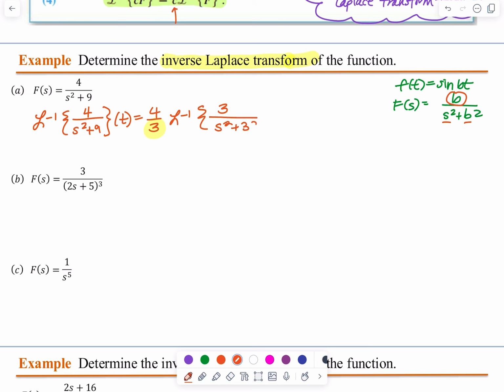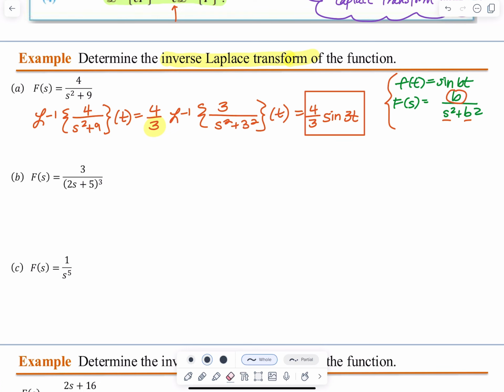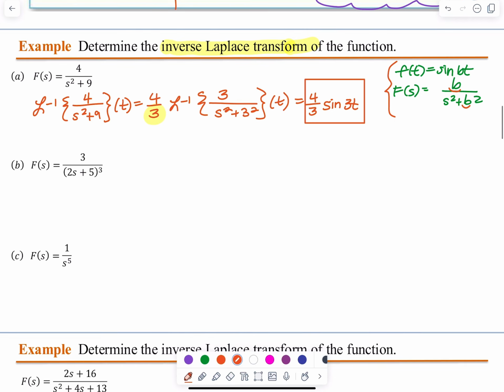And there's our b squared of t. Now we can see that that's 4/3 multiplied by the sine of 3t. Hopefully this helps with that. Just want to do one thing here. There's our b and there's our b. Okay, let's look at our second example.